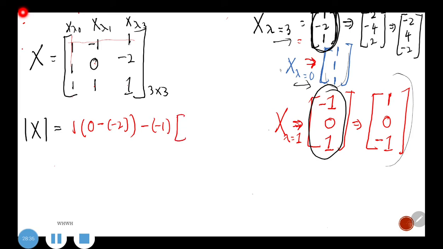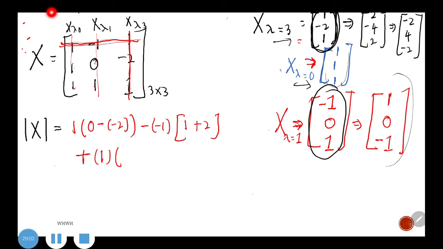Okay, and then the second one, kita tutup yang ni. 1 darab dengan 1, 1 tolak 2. So jadi tambah 2. Okay, tolak 1 darab dengan 1, tolak 2 tambah. Okay, and then tambah this one, third row, third column, tambah 1 kan.